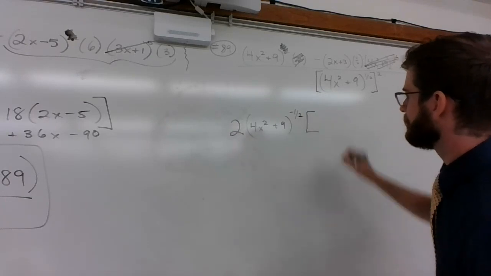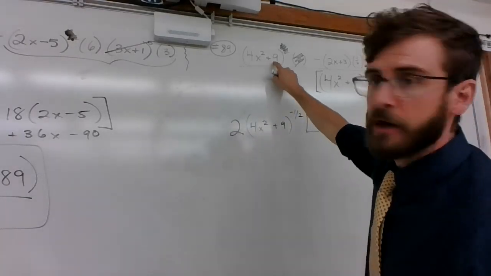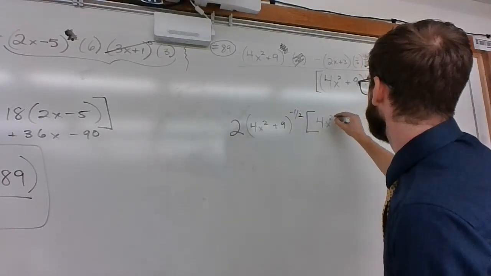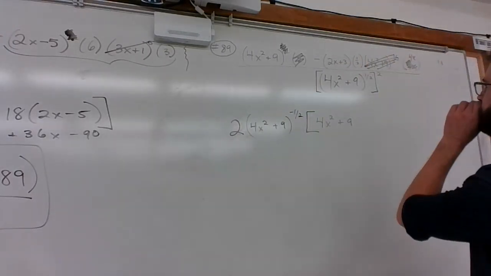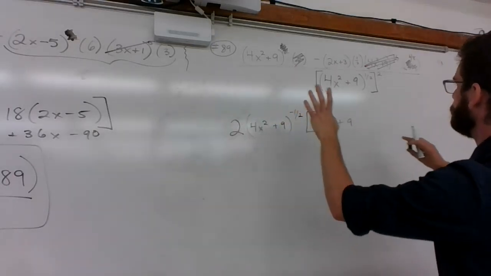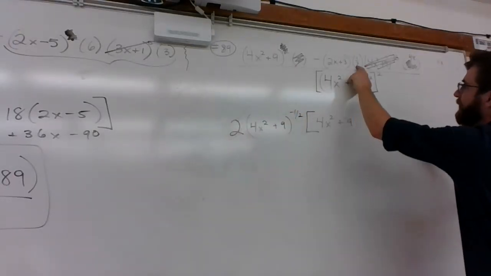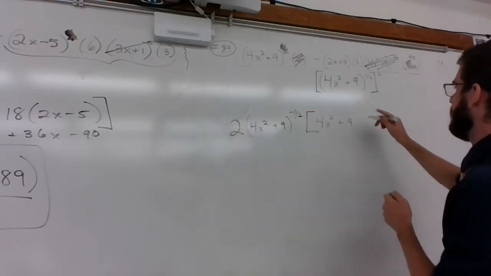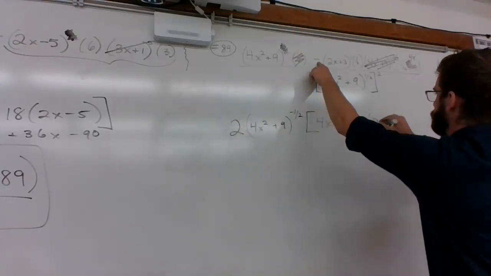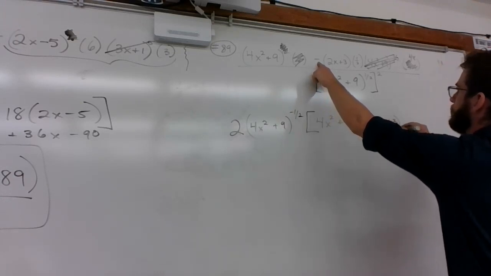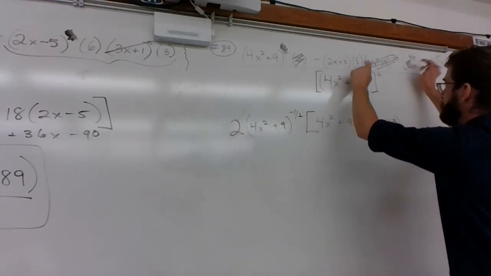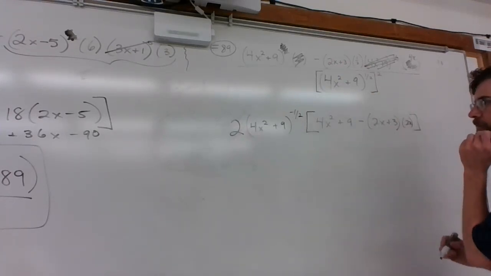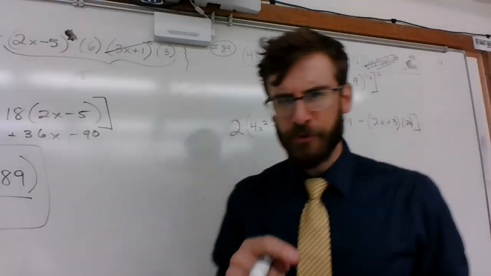So now we've got 4x squared plus 9 remaining in that first part. And then this is where you've got to move around with your multiplication. Half times 4x is 2x. So it's minus 2x plus 3 times a half times 4x, which is 2x. And I'm going to refrain from rewriting the denominator.